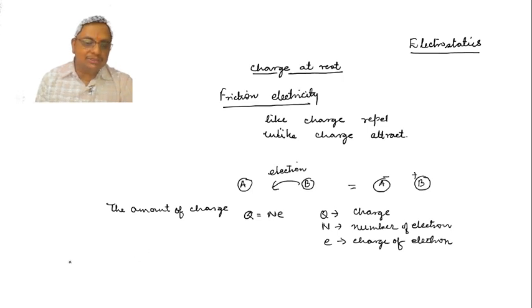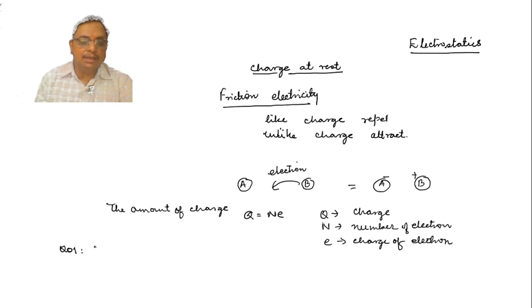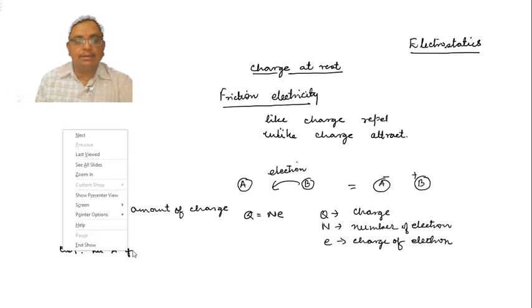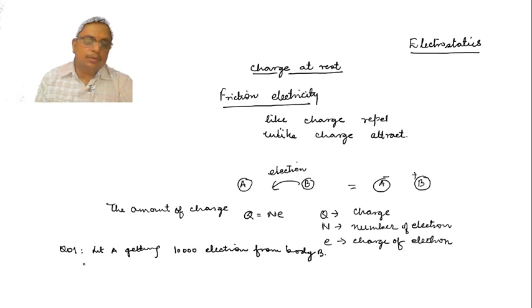I can give you one question to solve. Question number 1: let body A get 10,000 electrons from body B. How do you calculate the charge on each?